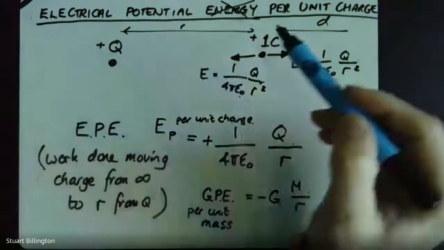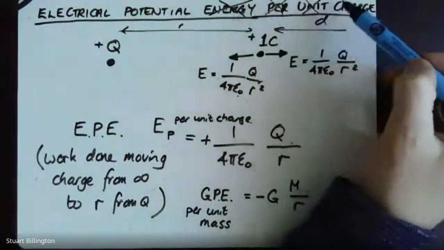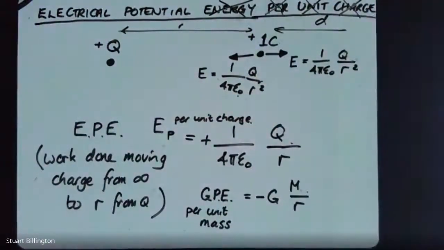And you know what, why not? Let's just lose the per unit charge as well, because we all know what we're talking about. It's not like we've got any students that we need to teach all this new physics to, and they're not going to get confused one day if we do this.